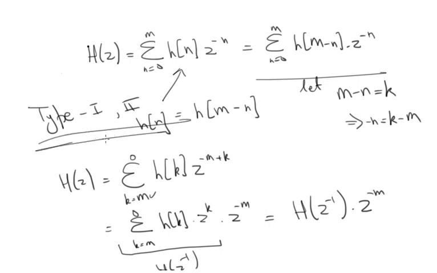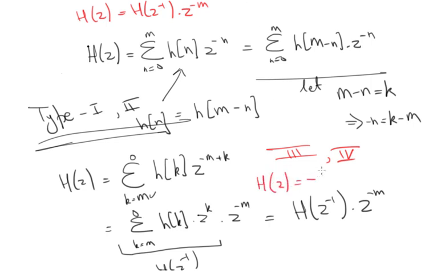So for type 1 and type 2 systems, you can say your system response is equal to h of z inverse into z raised to power minus m. Similarly, for type 3 and type 4 systems, you can prove that h of z is equal to minus h of z inverse z raised to power minus m.